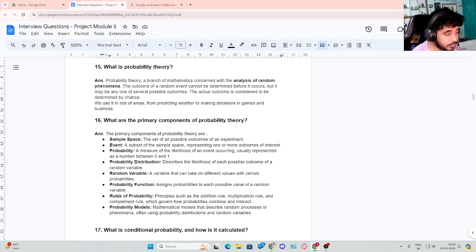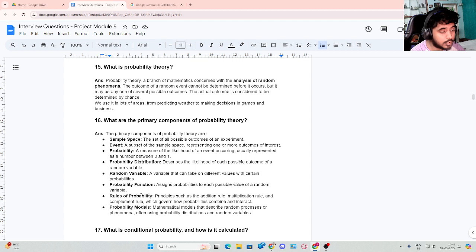So the rules of probability are the addition rule, multiplication rule, and complement rule, which govern how probabilities combine and interact. Probability models. So what are probability models? Probability models are the simulation of real world events.